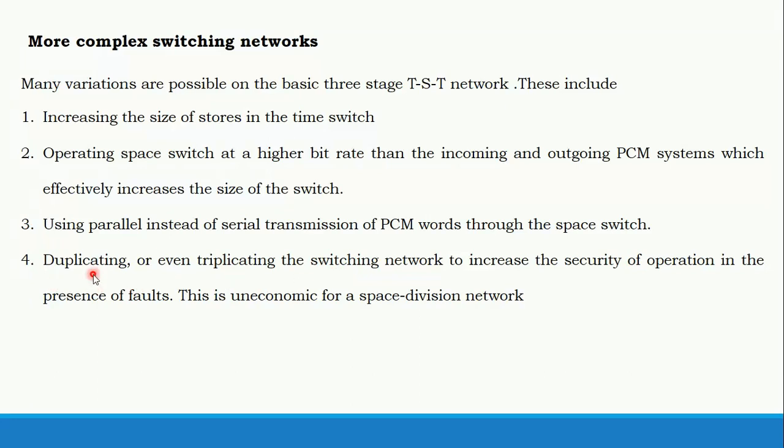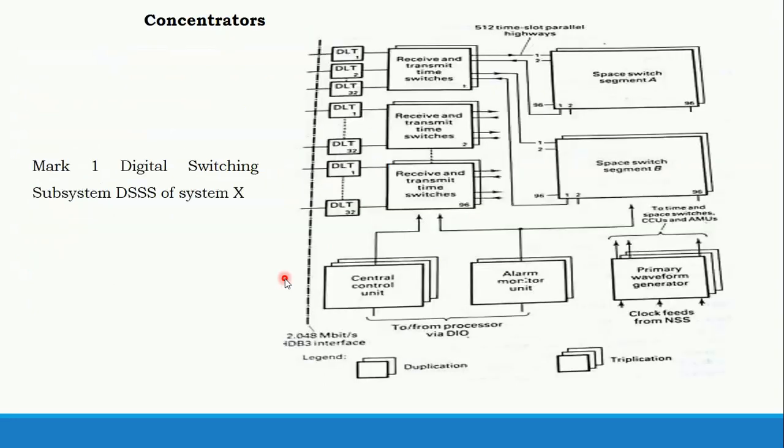But the problem is it is very uneconomic, because to provide the same equipment, duplicate device, triplicate device, the cost increases. For that reason it becomes very uneconomic. That means to have a complex switching network, we have 4 points: increase the size of the stores of the time switch, operate at a higher bit rate, use parallel transmission, and go for duplication and even triplication.